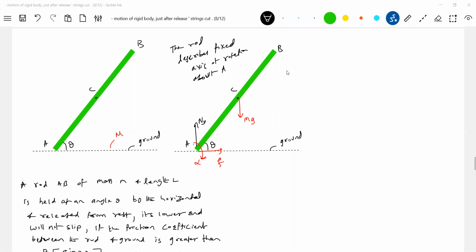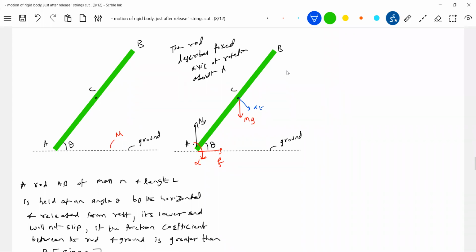Now get into this one and write the equation. So now this will have tangential acceleration, AT. Let's write all the possible equations.